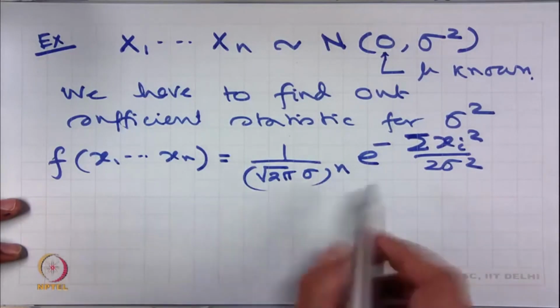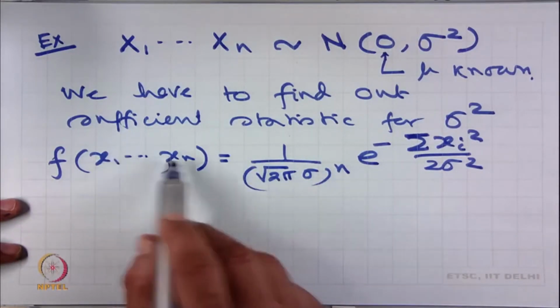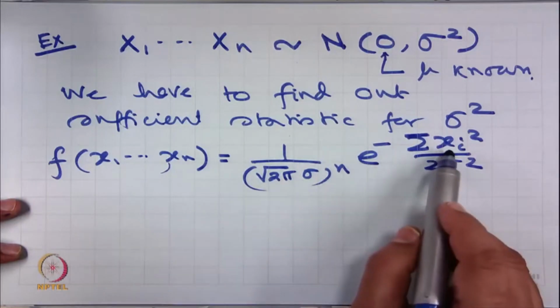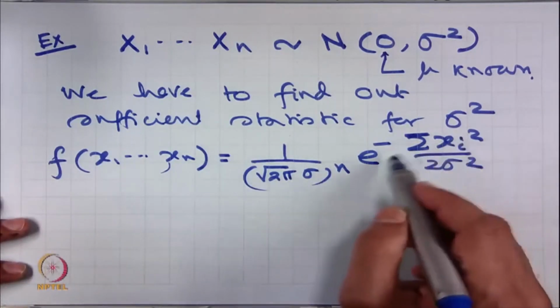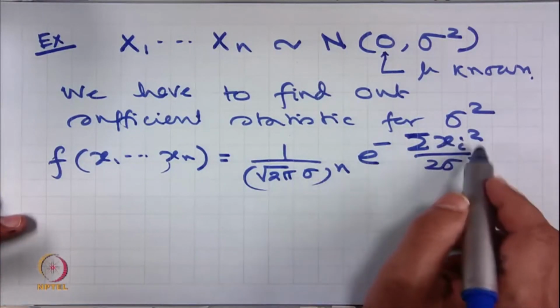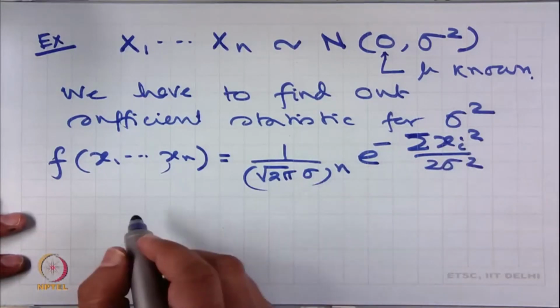This is straightforward because again I am multiplying the individual densities, therefore it is coming out as a summation in the exponent.